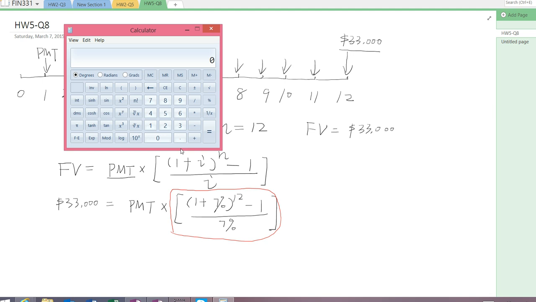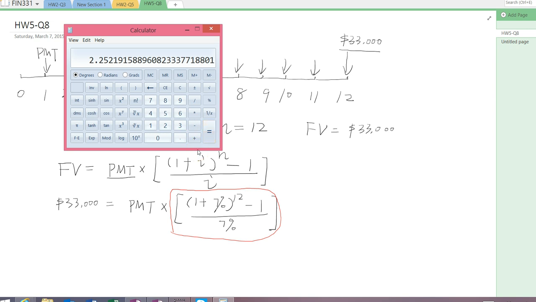So this is going to be 1.07 raised to the power of 12, equals.